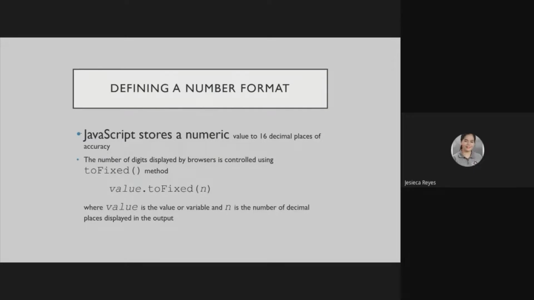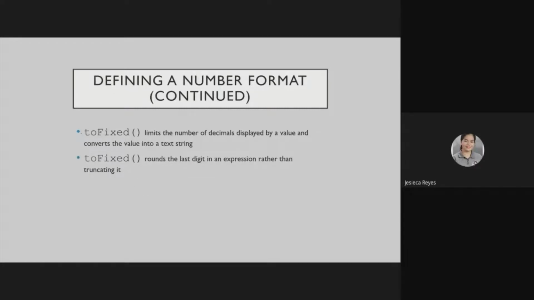So value.toFixed, and the parameter specifies the decimal places. So the toFixed method limits the number of decimals displayed by a value and converts the value into a text string. And this rounds the last digit in an expression rather than truncating the value.